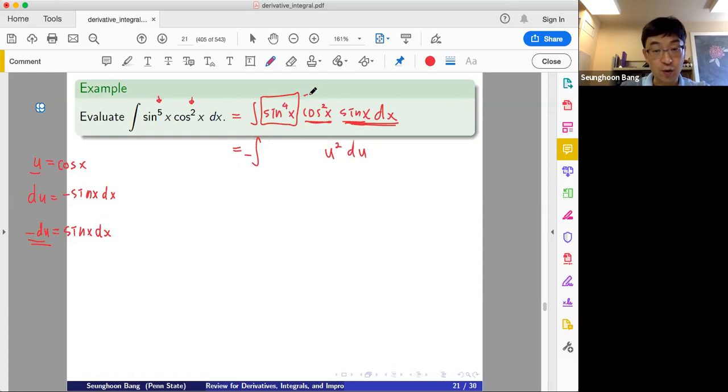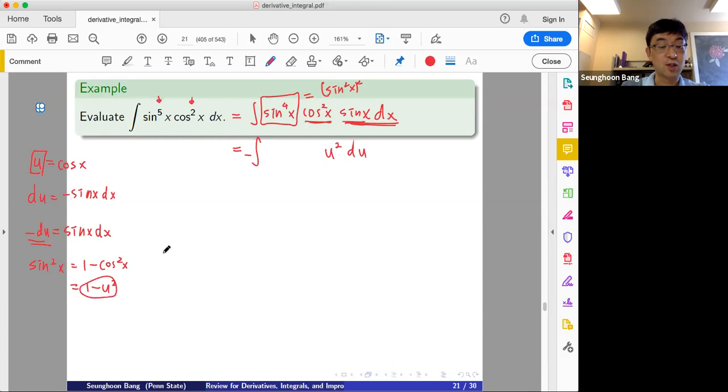Sine to the power 4 is the same as sine squared x, squared. And sine squared is the same as 1 minus cosine squared of x. You can plug u in: 1 minus u squared.